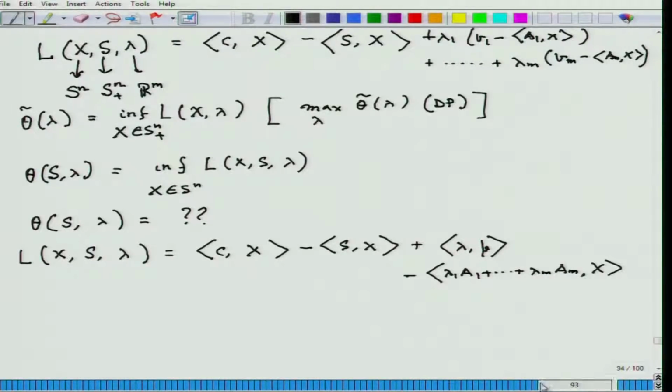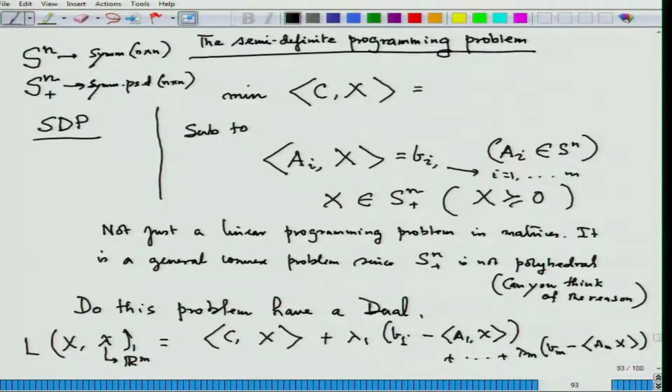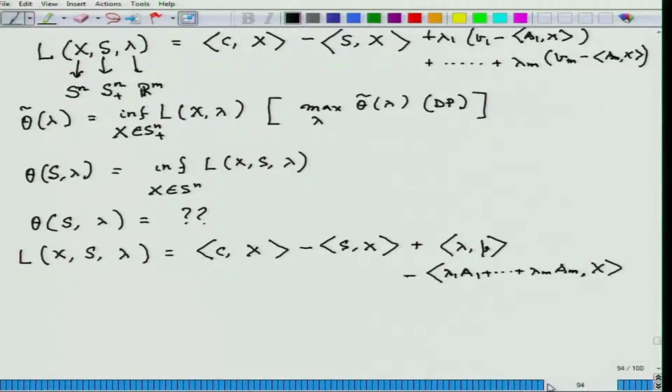I want to again remind those who have forgotten what the inner product between two symmetric matrices is: it is trace of x y. So, I can again write lambda b plus c minus S minus lambda 1 a 1 up to lambda m a m.